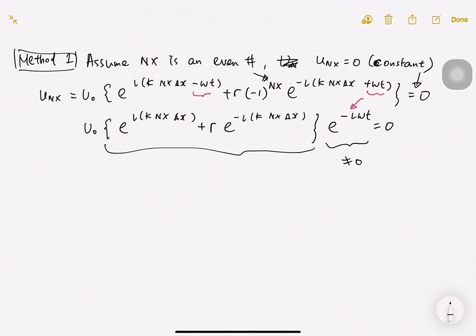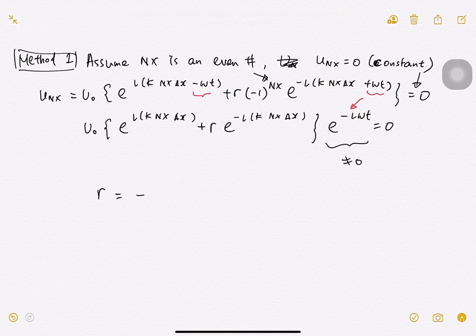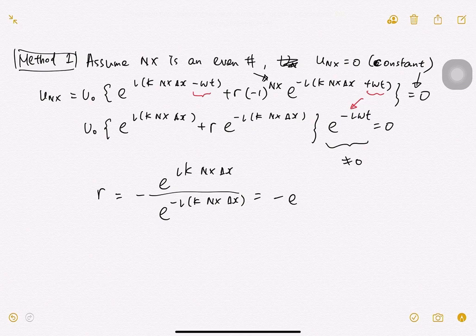And then r equals minus e to the power of iota k nx delta x over e to the power of minus iota k nx delta x, which equals minus e to the power of iota 2 k nx delta x.